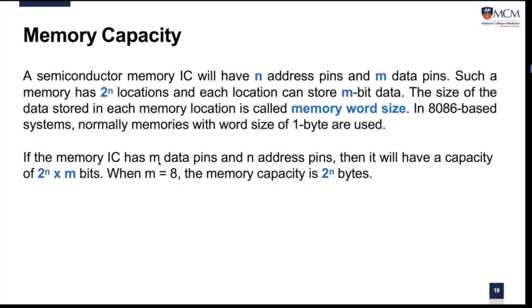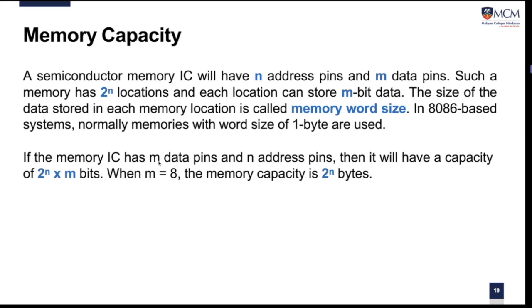Now, a semiconductor memory IC will have N address pins and M data pins. Such a memory has 2 to the power of N locations, and each location can store M-bit data. So, the size of the data stored in each memory location is called the memory word size.